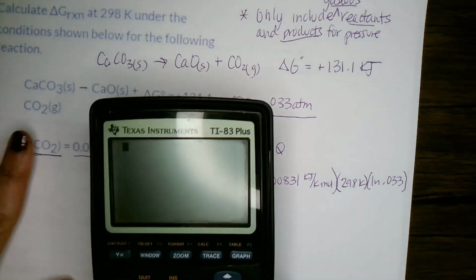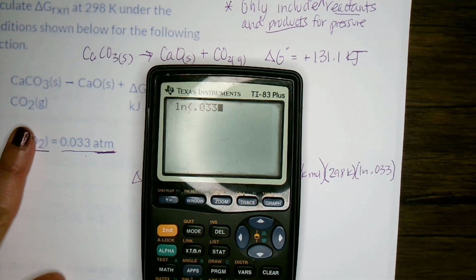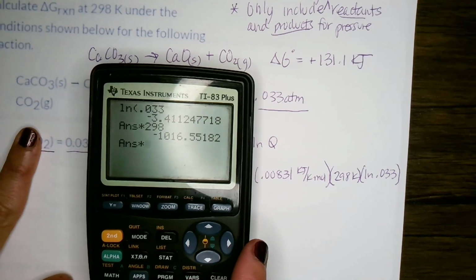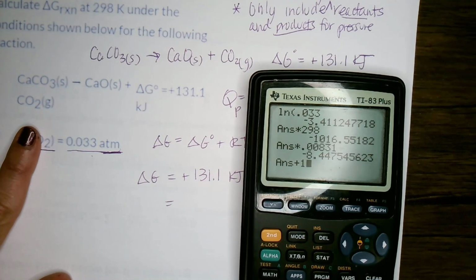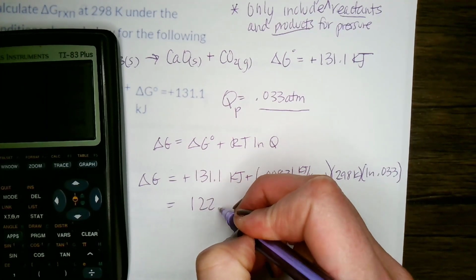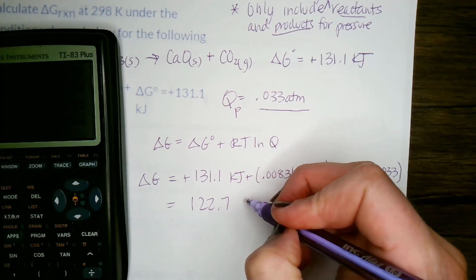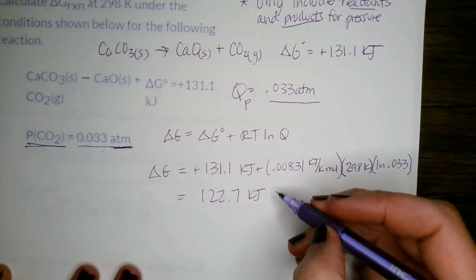So we saw at standard state that this was a non-spontaneous reaction. Let's see what happens in this non-standard. Let's do the natural log of 0.033 times 298 times 0.00831. And then we're going to add that to 131.1. And we get 122.1 kilojoules.